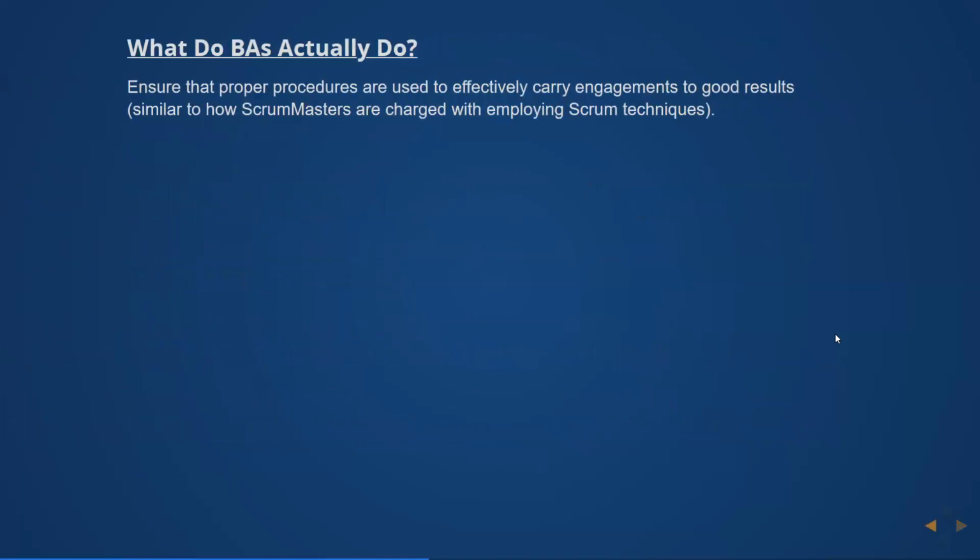So what do BAs actually do? Well, they actually know the practice of business analysis, and they use the materials within that practice to get people to work together and solve problems.